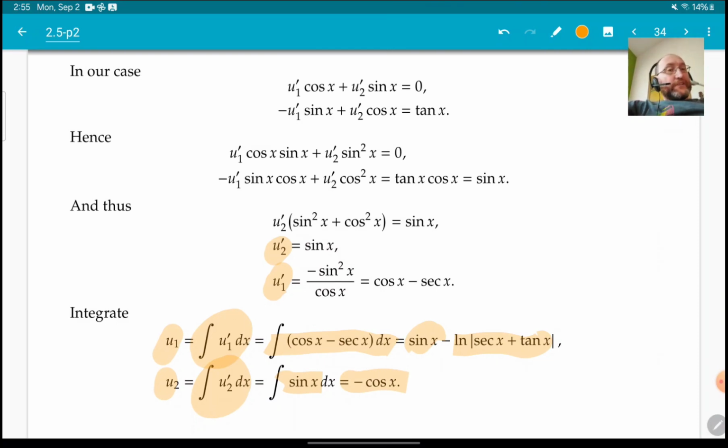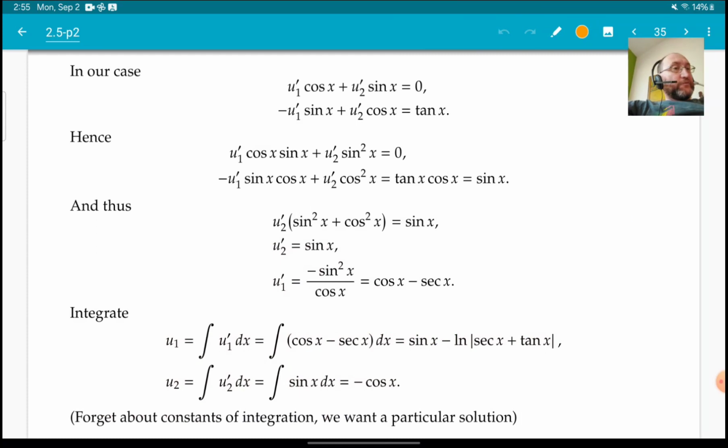Well, we're still not done yet. We still have to write down y. Now you'll notice that I didn't put the plus c over here. Well, you could. If you put the plus c, there's going to be plus c1 over here and plus c2 over here, because you have two constants of integration. They should be different. If you put them in there, you will actually get the general solution to our equation.